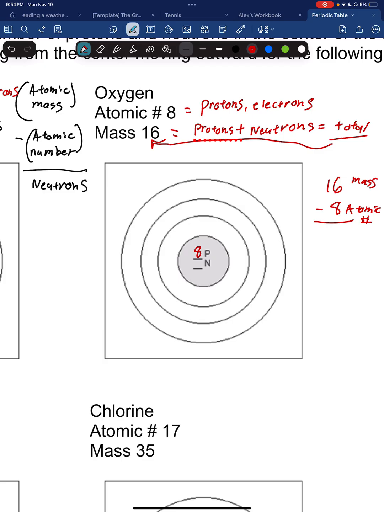When you do, you get 16 minus 8, you get 8 neutrons. You're going to take that new number and you're going to place it next to your n. So now you should have it correct. You know if you did it right if when you add those two numbers up, they equal 16, okay?